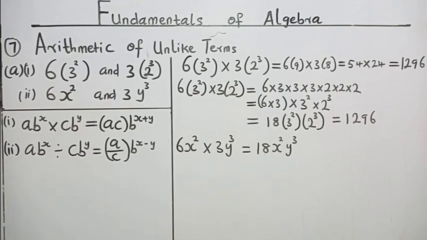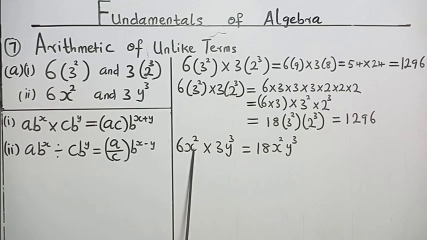What did you observe in this number operation that led to what we have here? First, this 18 was gotten by saying 6 times 3. The two constants which are present when multiplied will give us this 18. This 18 is just a case in point because different things could have been here, but because we have 6 and 3, the answer is 18.